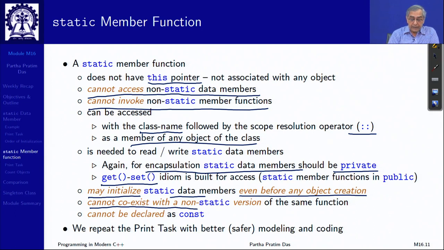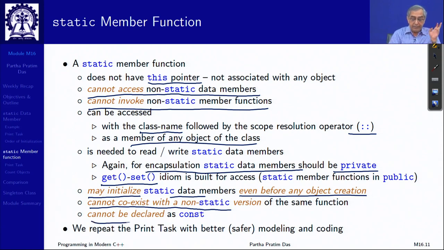Also remember that if I have a static member function, then I cannot have another non-static member function by the same name. That is, overloading a member function between static and non-static is not allowed.